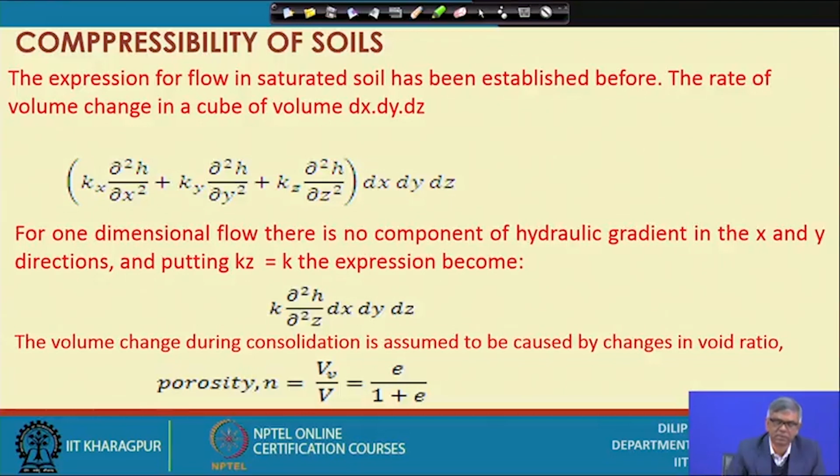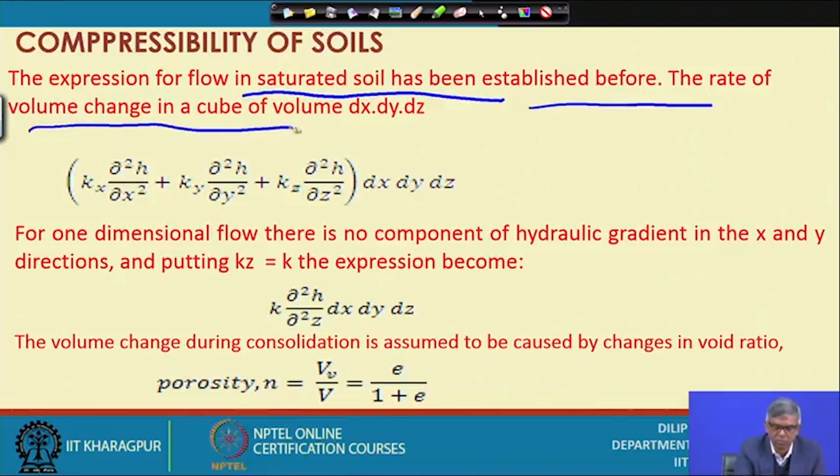Now, to do this, whatever we did while discussing the permeability topic, the flow in and flow out, at that time we derived the expression. You can see the expression for flow in saturated soil already established: the rate of volume change in a cube of volume dx dy dz.